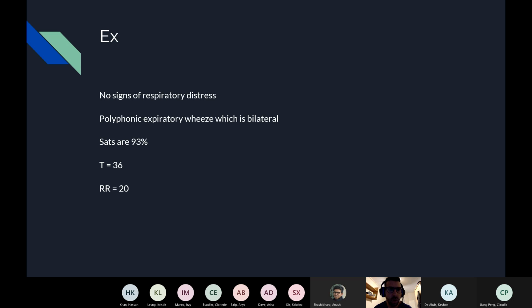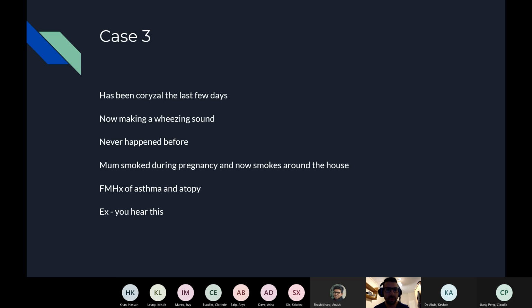On examination, no signs of respiratory distress. Sorry, talking for a long time. Polyphonic wheeze, which is bilateral. Sats at 93%, temperature 36, respiratory rate 20. Okay, what does everyone think? First of all, are we worried about this patient?